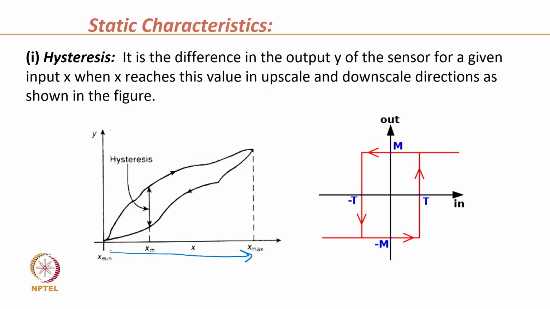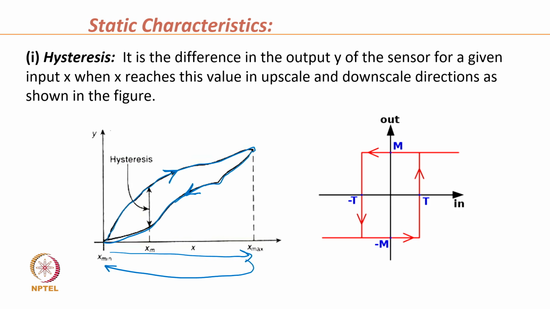When we apply from x min to x max, the output follows this path, but when we come back from x max to x min, the output follows a different path. The output does not go on the same path, it follows a different path while coming back, and for going up this is the path. So, these two paths are different.